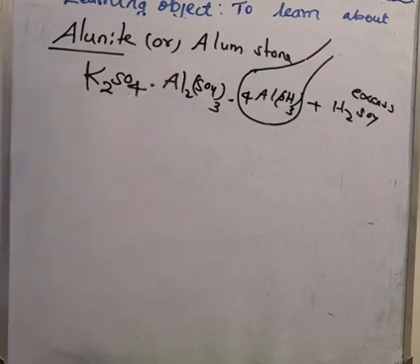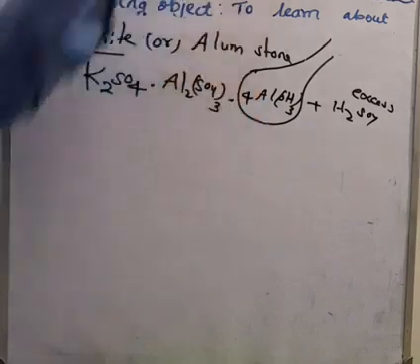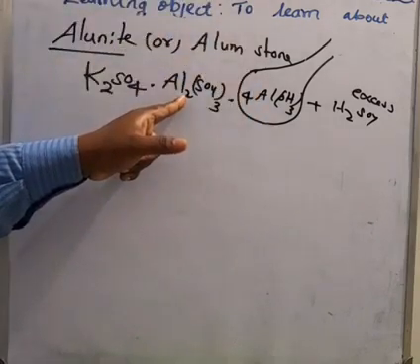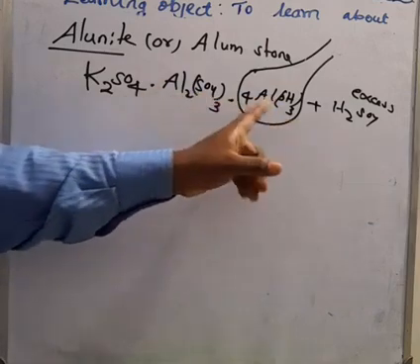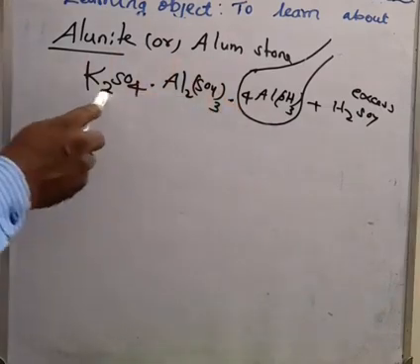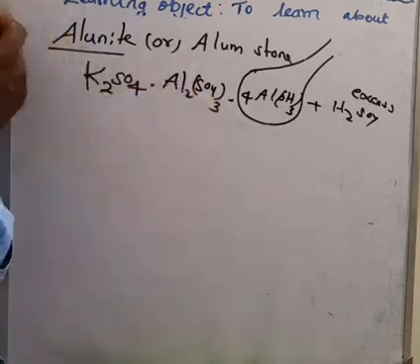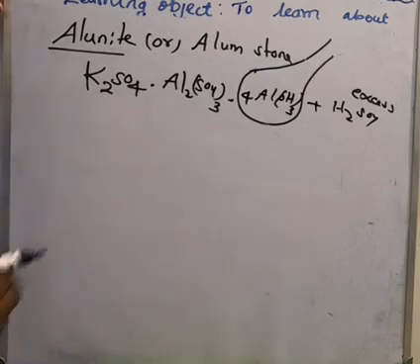Then a calculated quantity of potassium sulfate is added to the solution and it is crystallized to generate potash alum. Can you understand, my dear children?